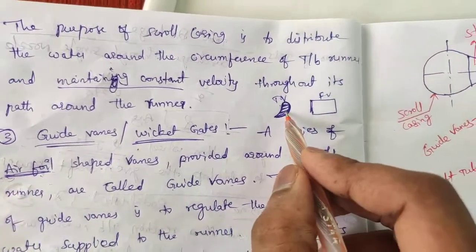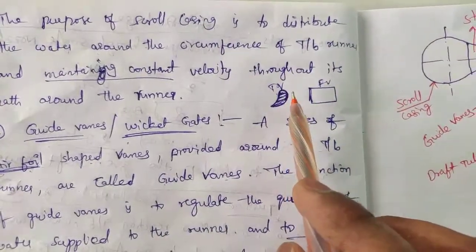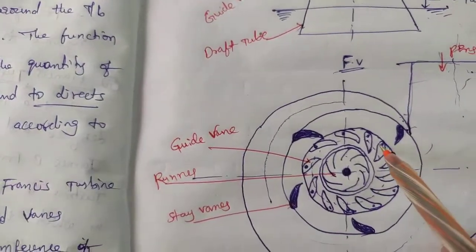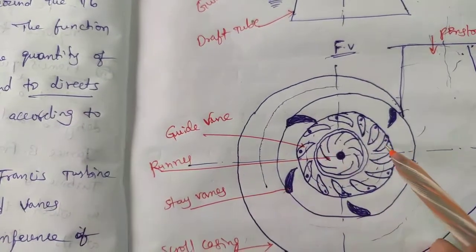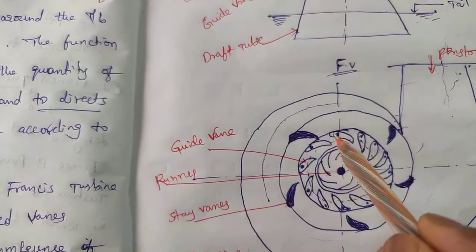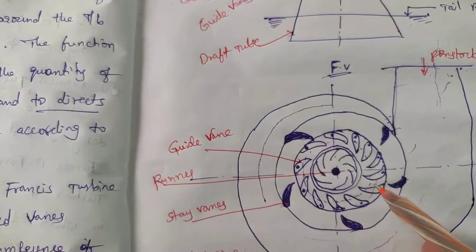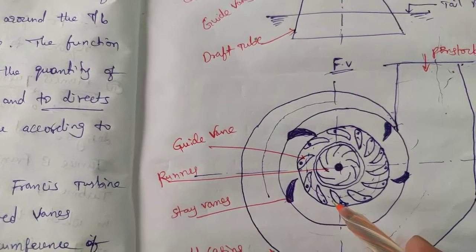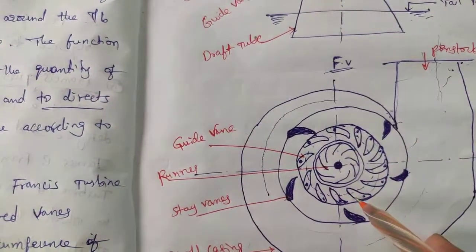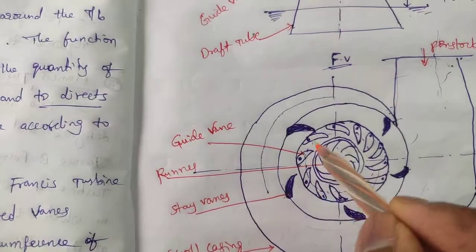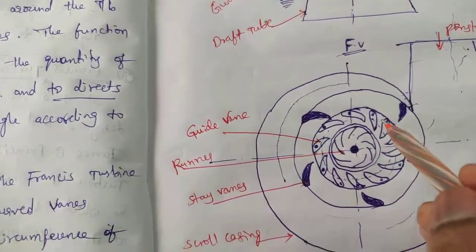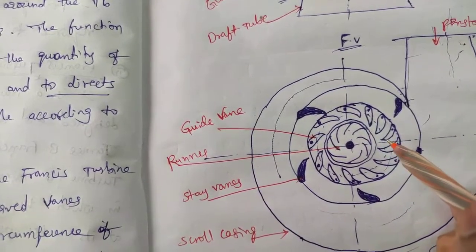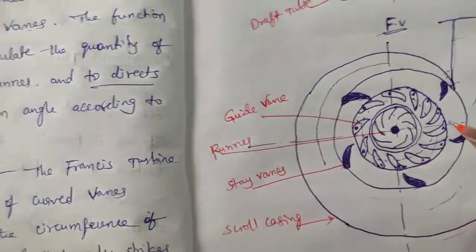So these aerodynamic shaped vanes are arranged around the circumference of the vane ring. These guide vanes are installed around the circumference and evenly spaced. Normally 14 to 22 blades are installed on the guide ring.